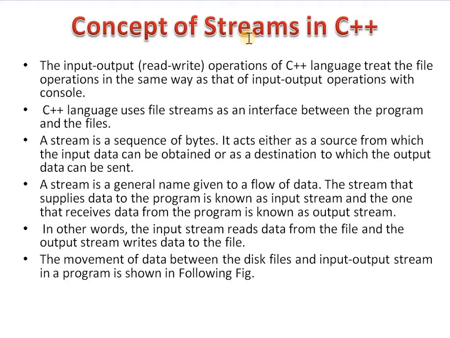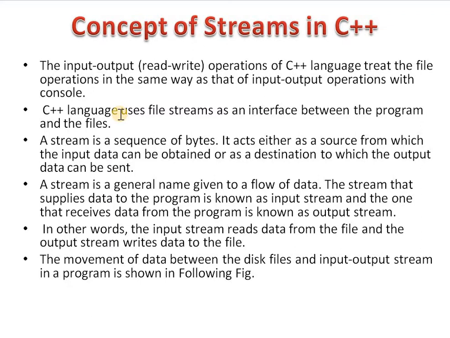First we will see the concept of stream. The input output, that means read and write operations of the C++ language, treat file operations in the same way as input output operations with the console. How do we perform input output operations with the console? Console means consider your output window.